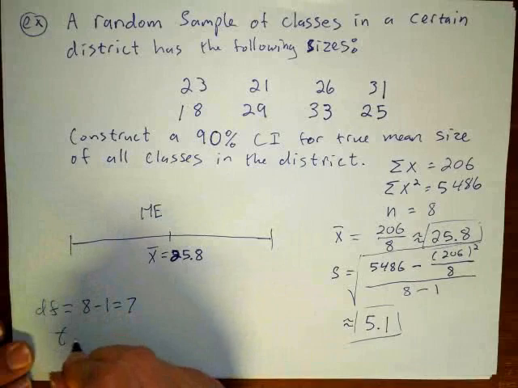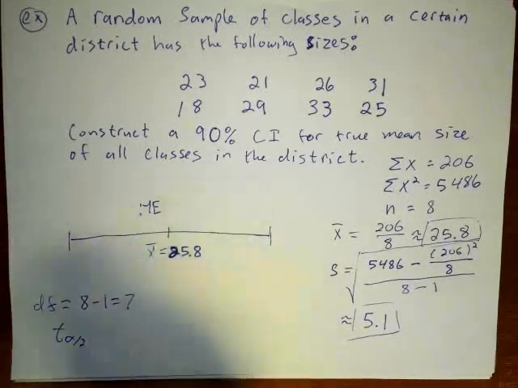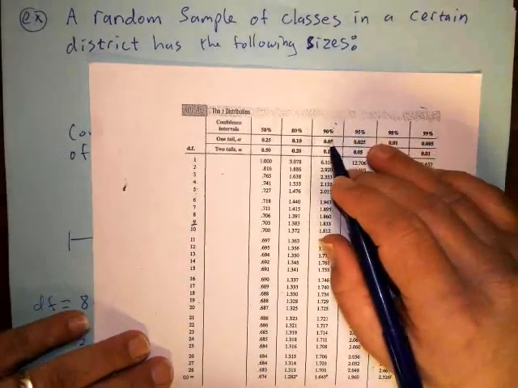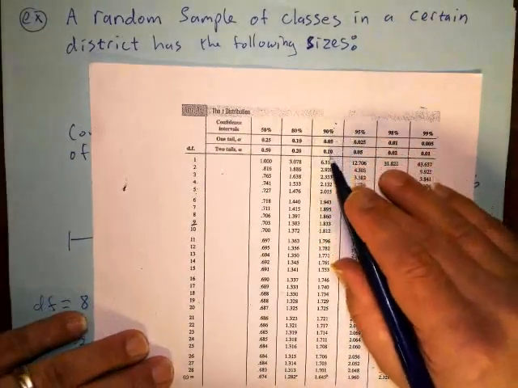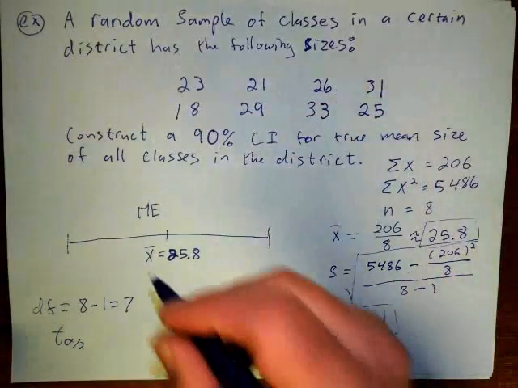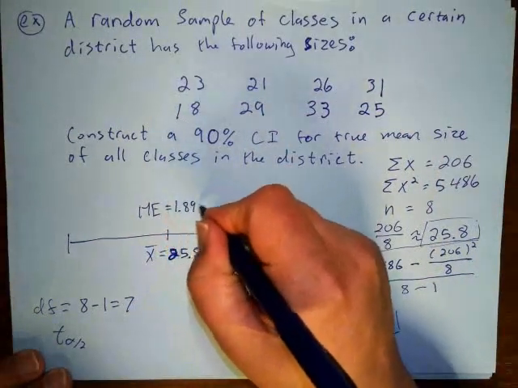So 7 degrees of freedom. And on my t-table, it's a 90% confidence interval, so I go to 90%, 7 degrees of freedom. My critical value is 1.895. So that's the critical t-value, 1.895.